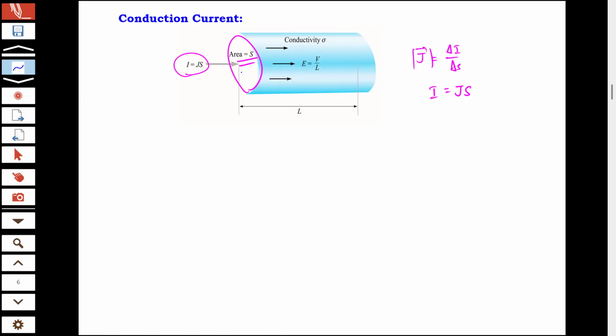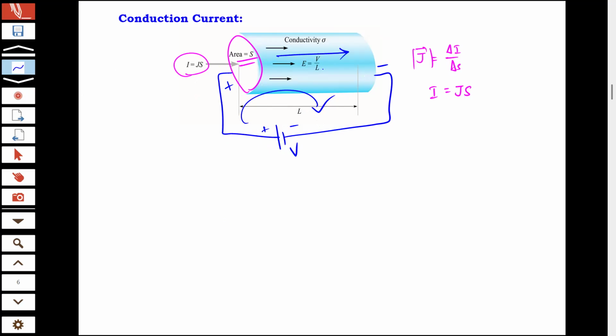Suppose this conductor is connected to a supply voltage of V. In that case, this particular end is charged positive and this particular end is charged negative, and the flow of current will be from positive to negative potential, and also the electric field direction is from positive to negative potential. This is going to be the direction of electric field.